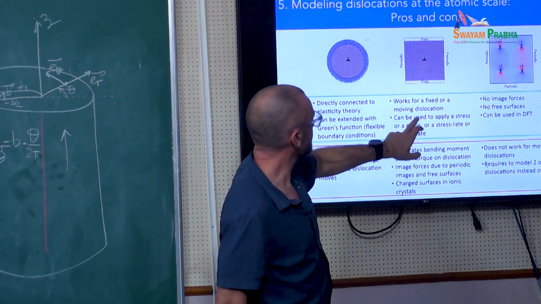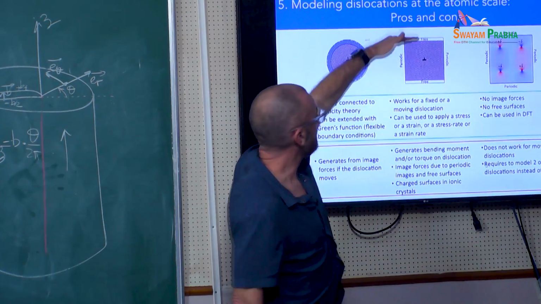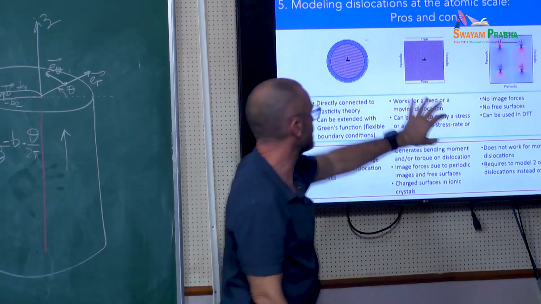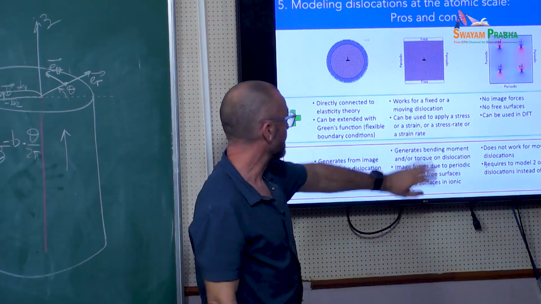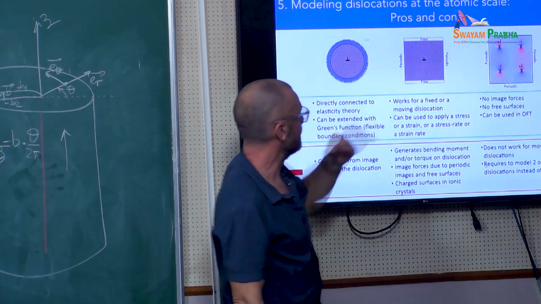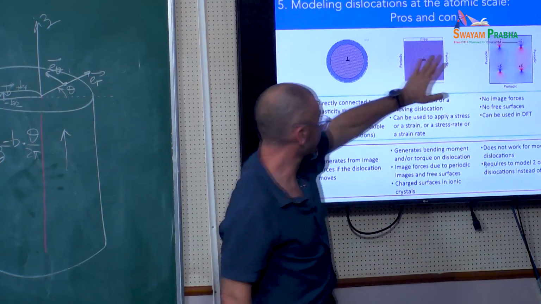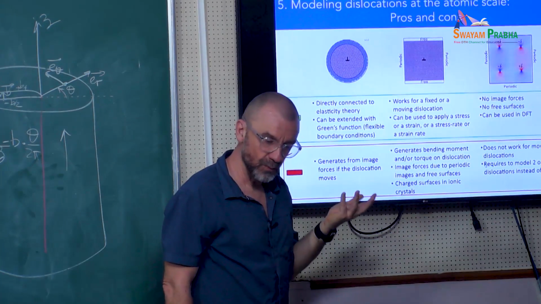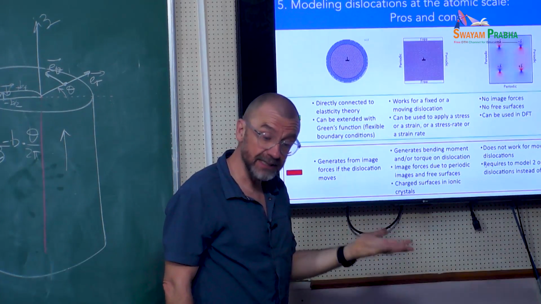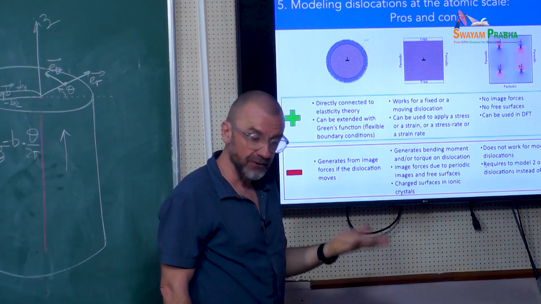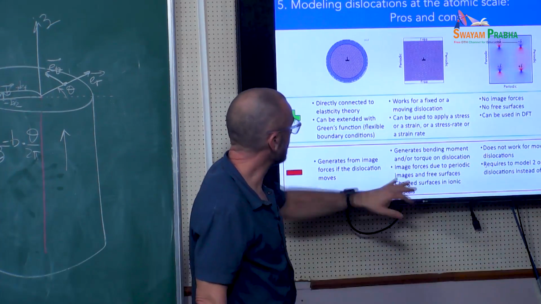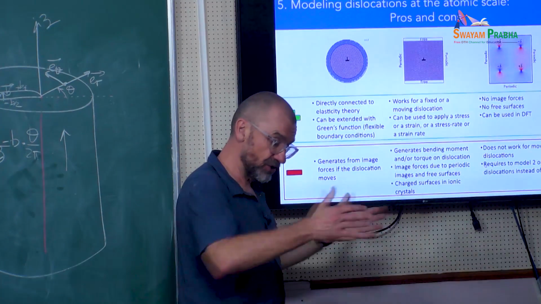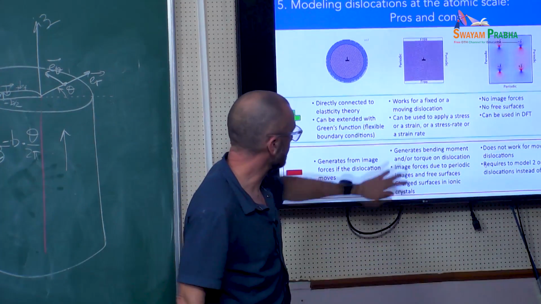We haven't talked about it, but it can be used by applying either a stress or a strain rate on the surfaces. So that's nice. The bad thing is all the artifacts due to the periodic boundary conditions and the geometry that we were not able to express analytically to correct for them. So they are there, and we don't know exactly what their amplitude is. The only thing we can do is change the cell size and see what changes.